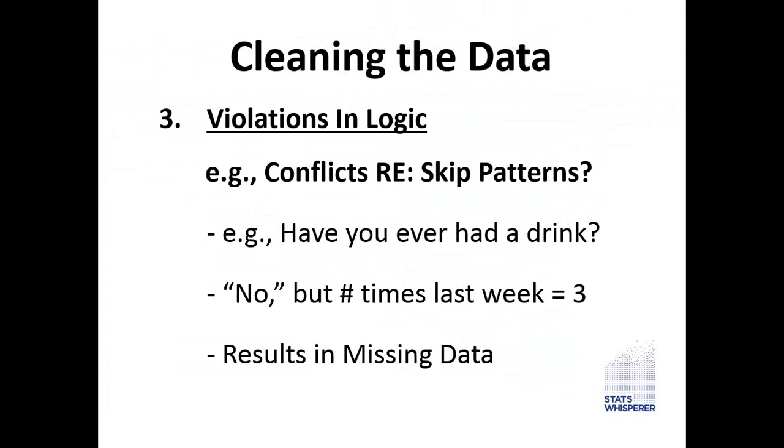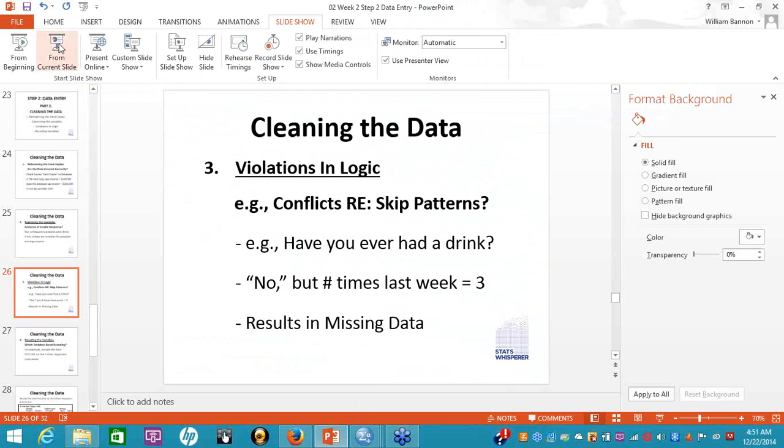And the person says 3, that conflicts, right? You can't never have had a drink and have had 3 drinks last week. So a lot of the time this becomes missing data. And to check for such violations in logic, you would again go back to the SPSS database.